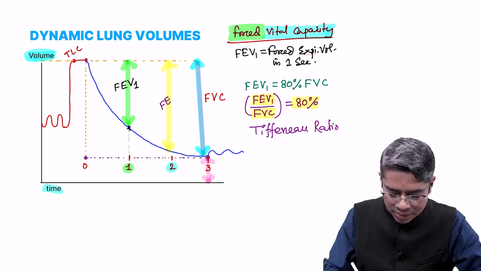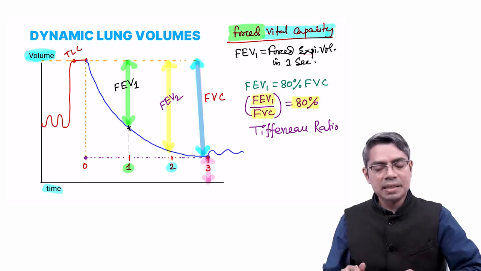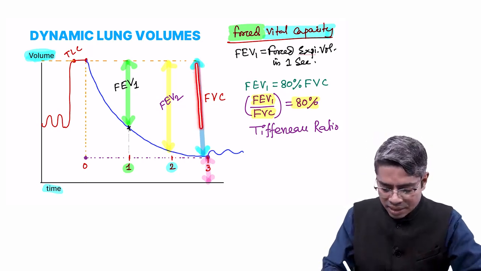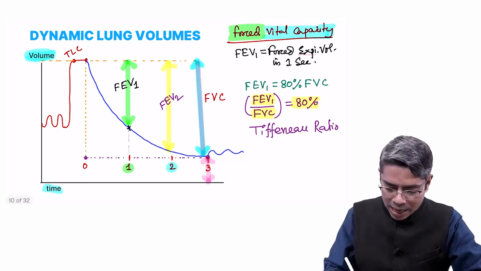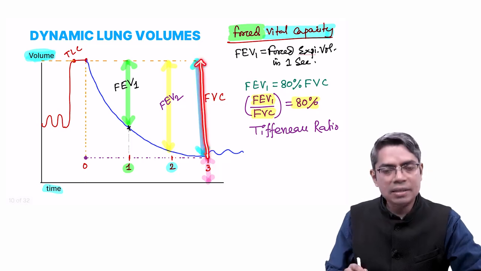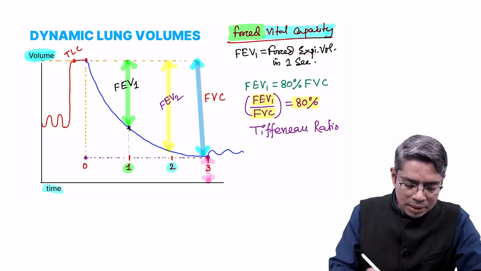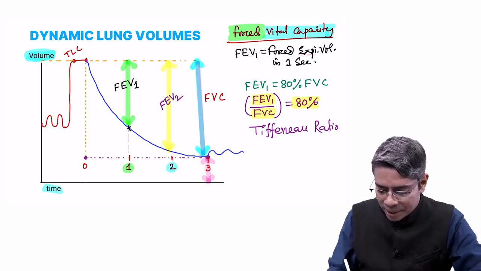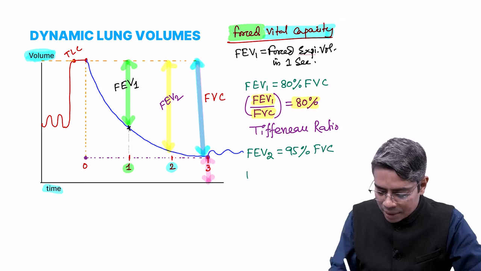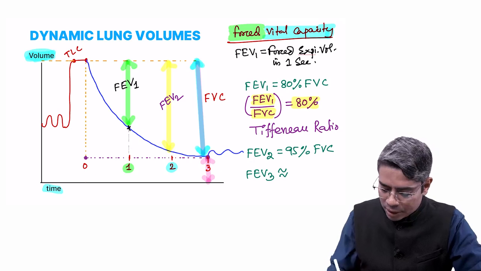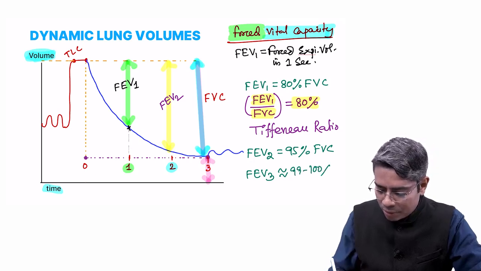In these cases the FEV3 will be equal to the FVC, because at the 3 second point the volume which is expired is the total volume. This FEV2 is normally 95% of the FVC, and this FEV3 is almost equal to 99 to 100% of FVC.